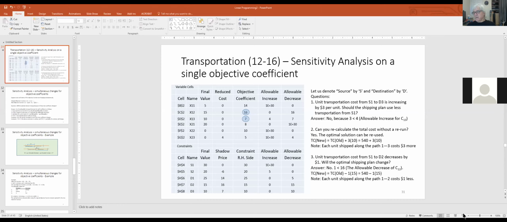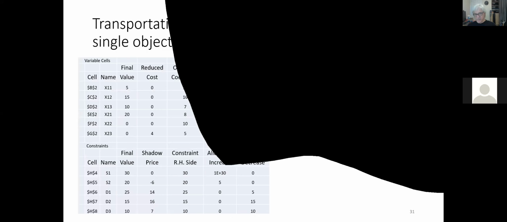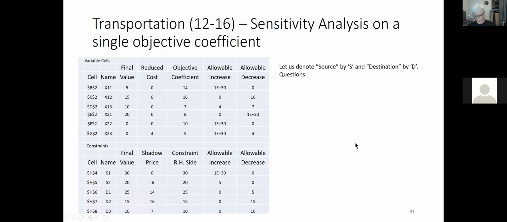I'm starting with just reminding you the single parameter change, and from here, we'll go to multiple changes. It's a sensitivity analysis on a single objective coefficient. I added the word single here because it's not going to be single later.